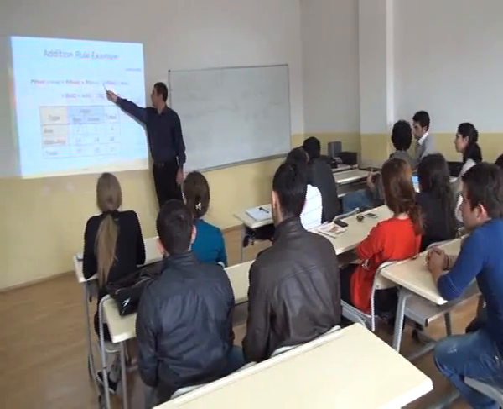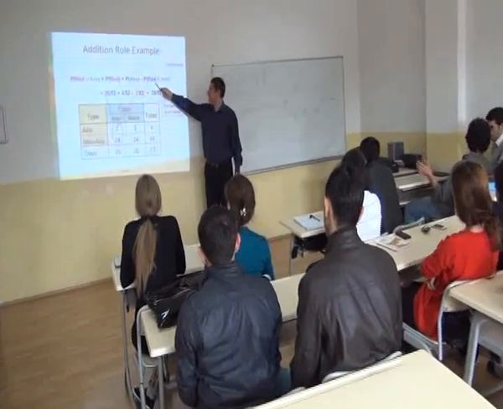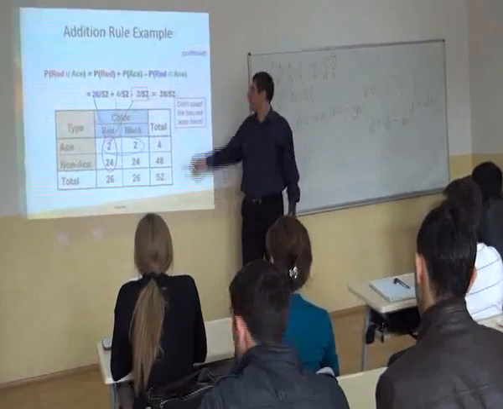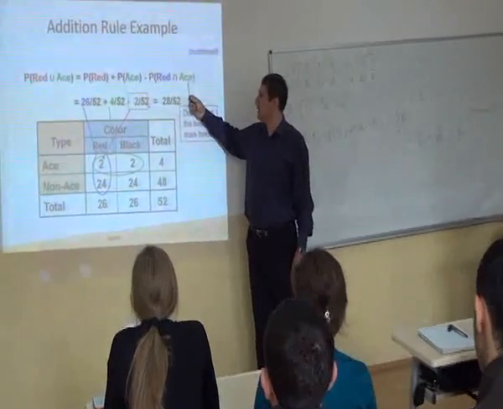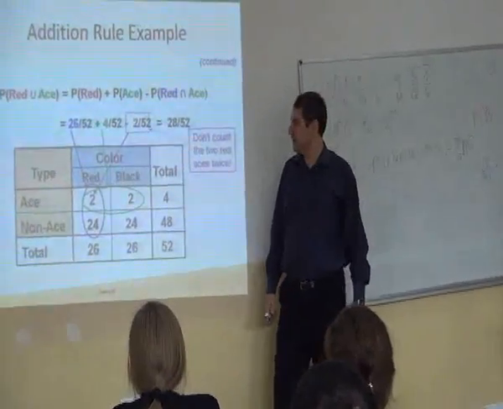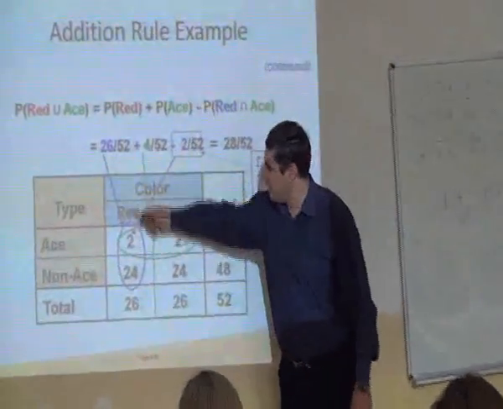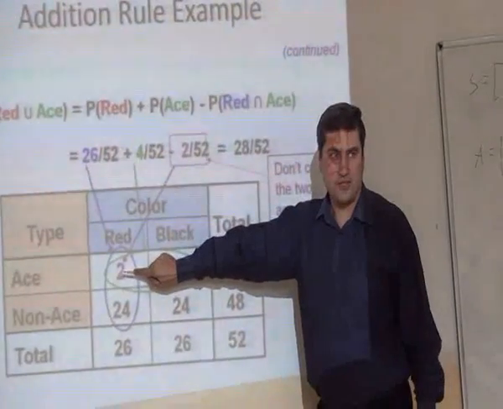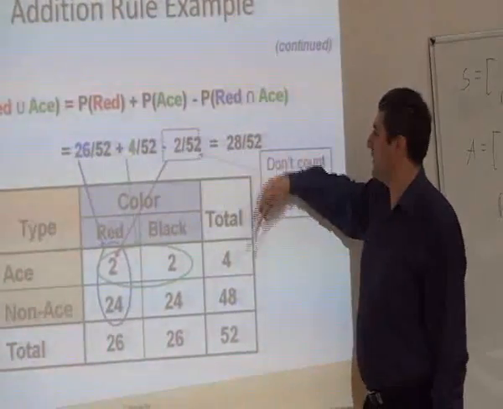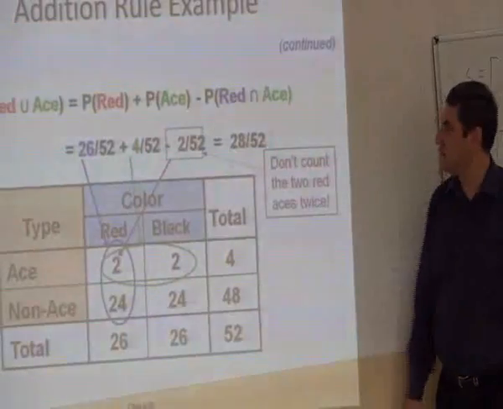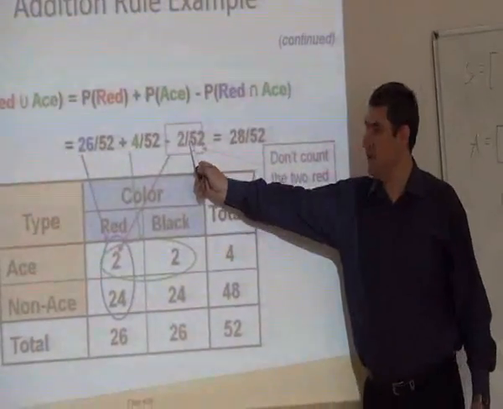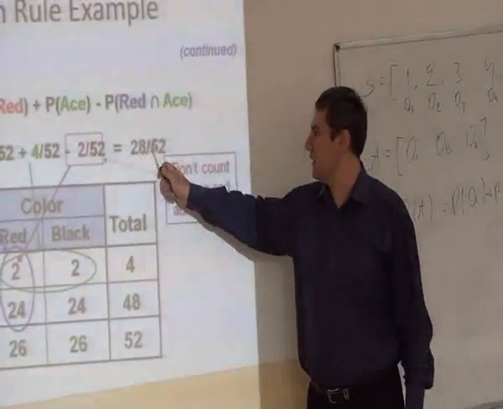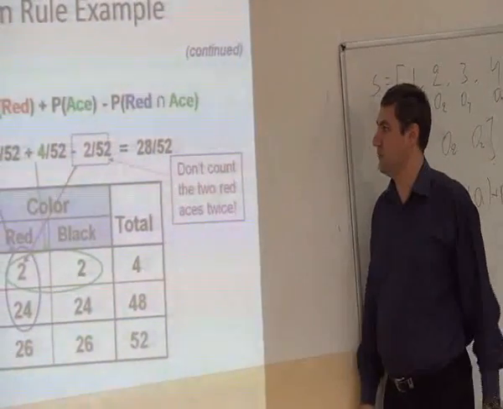And we need to subtract the joint probability that the card is red and ace. How many cards are there which are red and ace? We need to look at the intersection of these two directions, and here is 2. Of course, we need to divide this 2 by 52, and we put it here. Whenever we calculate the entire probability, we get 38 over 52.